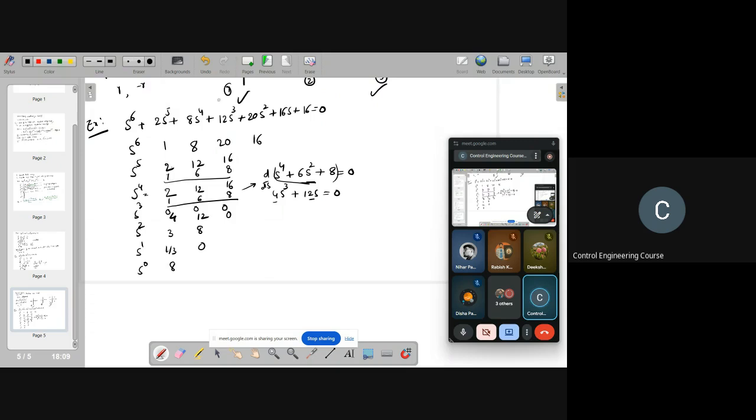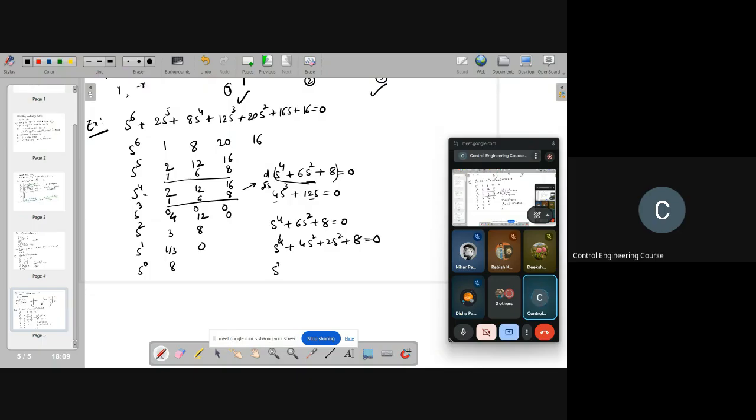For this case, the roots of the auxiliary equation will be s power 4 plus 4s square plus 2s square plus 8 equal to 0.